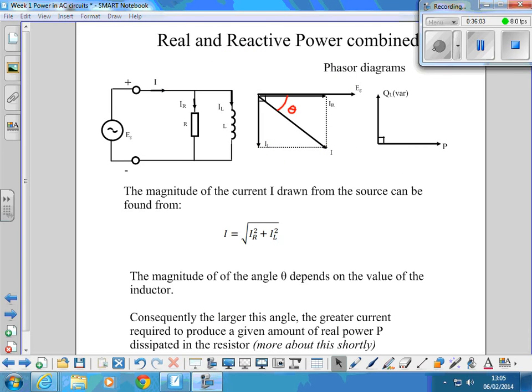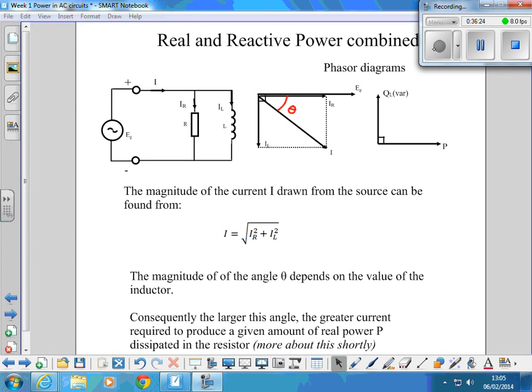Looking a little bit deeper at the combined situation, the magnitude of the current drawn, I, drawn from the source, from this phasor diagram, can be determined using Pythagoras' theorem.